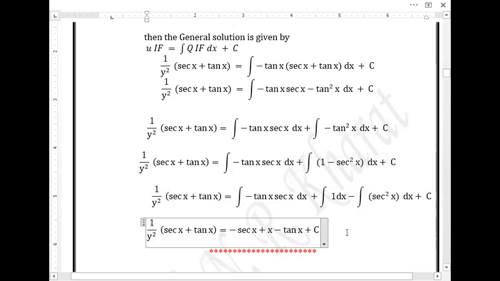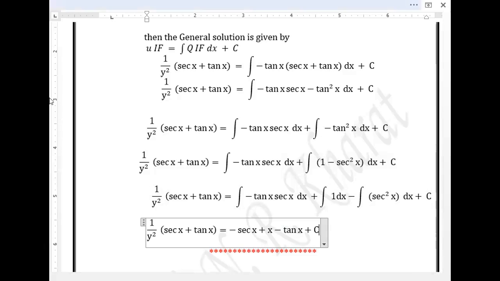This is the way in which we can find the solution of the linear differential equation, which is in the form of Bernoulli's. The procedure is that the linear differential equation in the Bernoulli's form, we have to convert into the type number 3 or type number 4 according to the dy by dx or dx upon dy is present.